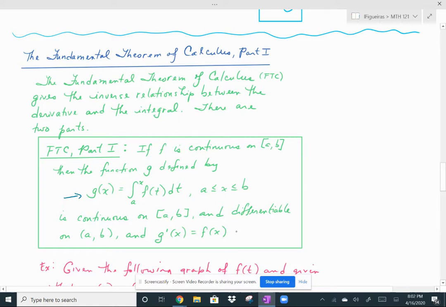And this relationship is also true, that the derivative of g, and remember g is this integral, is equal to the integrand, f of x, evaluated at the upper limit.